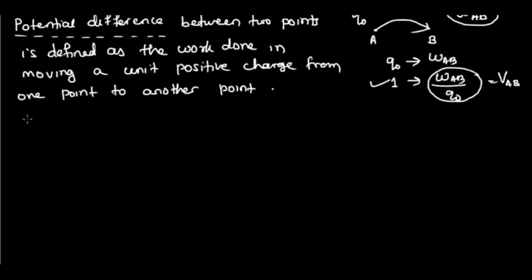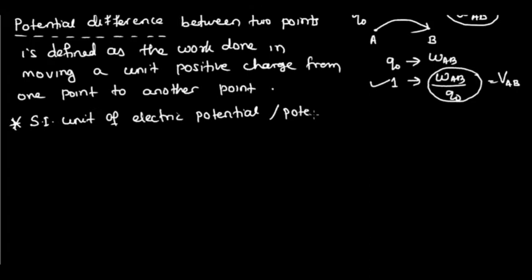So if I ask you what is the SI unit of electric potential or potential difference? The unit will be work by charge, V equal to W by Q naught.